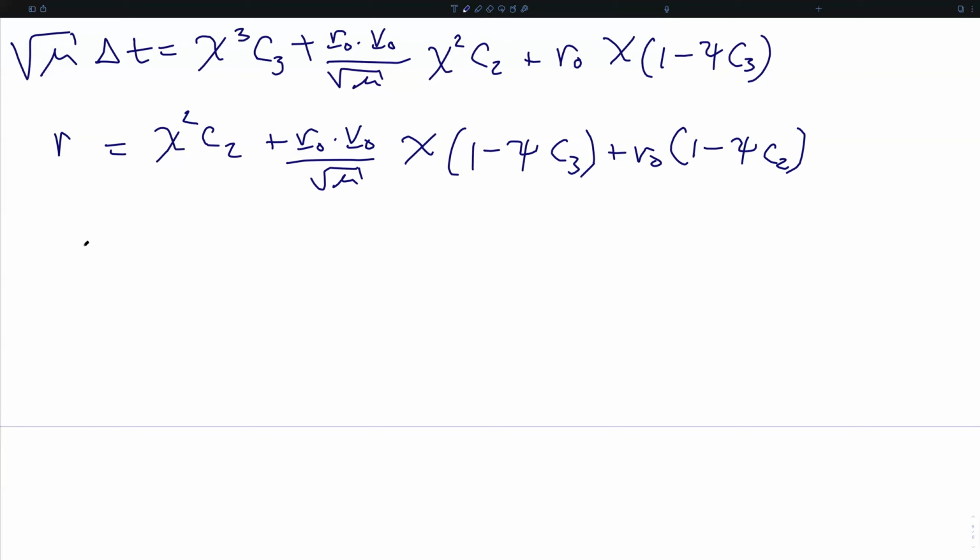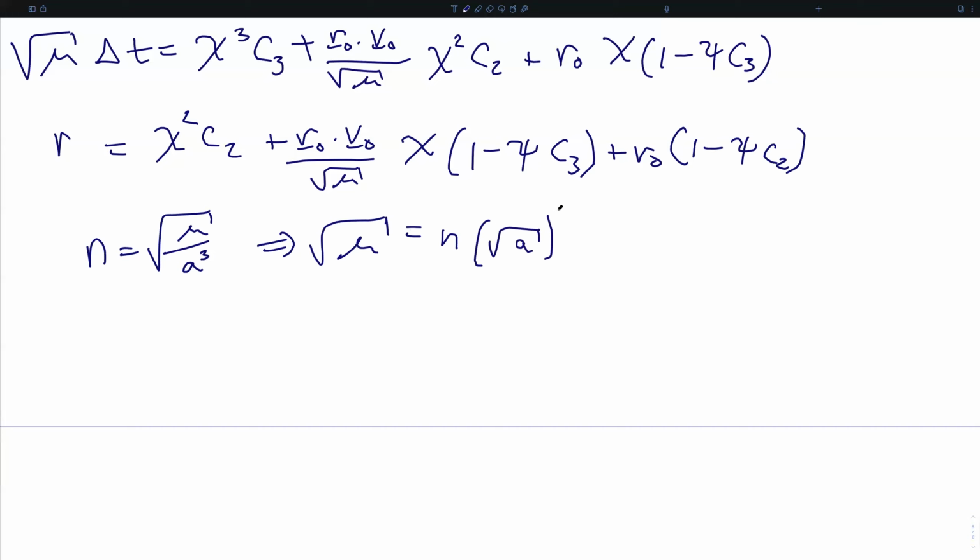Recalling that in the closed orbit case, the mean motion n is equal to the square root of mu over a cubed, we can find that the square root of mu is equal to n times root a quantity cubed.